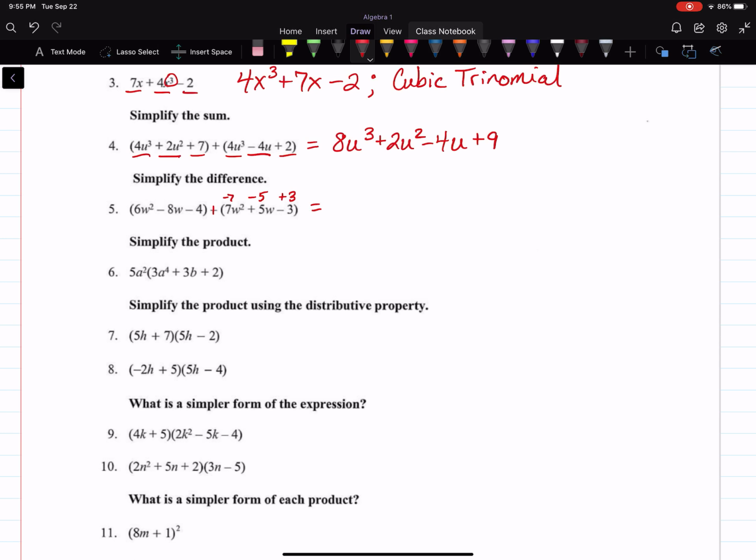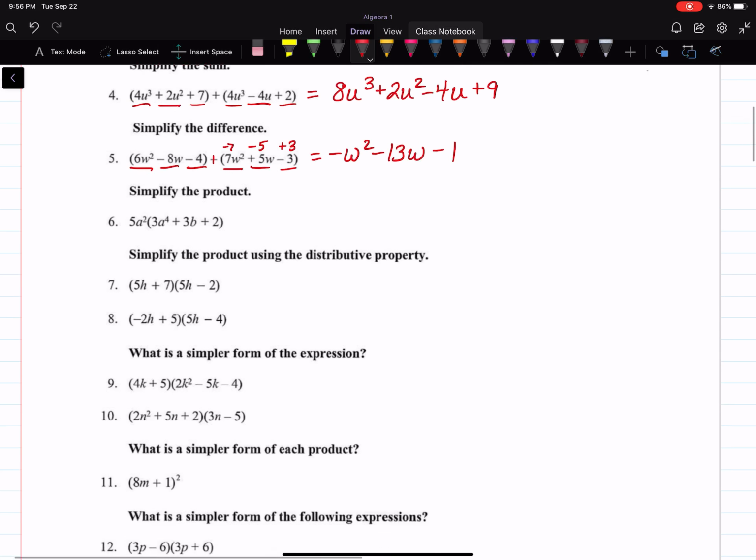So we're going to have 6w squared minus 7w squared. That is -w squared. -8w minus 5w is -13w. And -4 plus 3 is -1. And that's all there is to it, just adding and subtracting like terms.